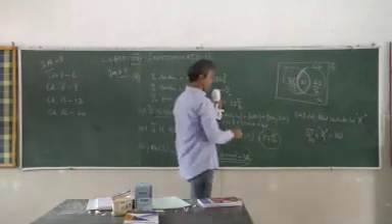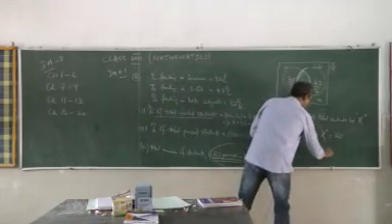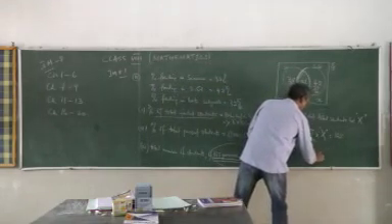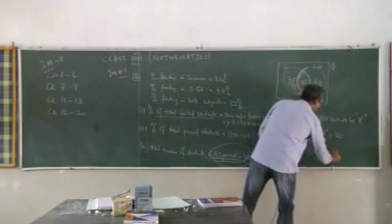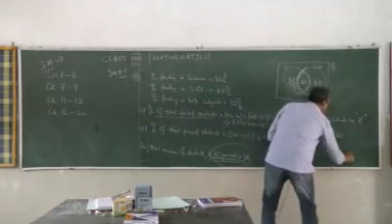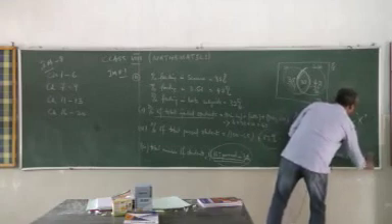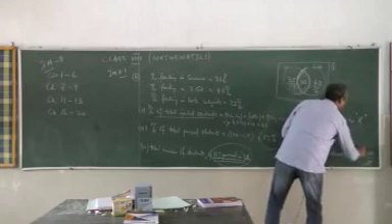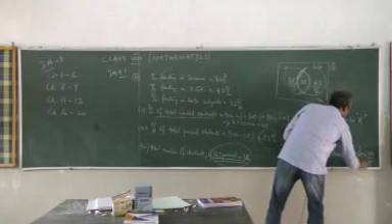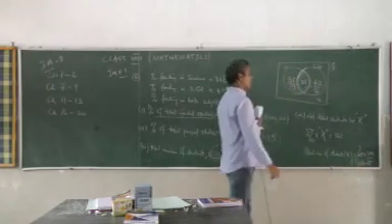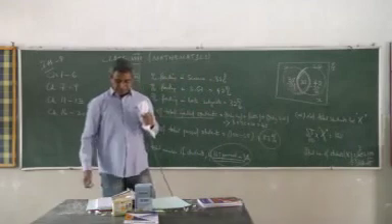Be careful to understand that. So we can find the total number of students: 165 into 100 by 55. It should be 300. So total number of students is 300.